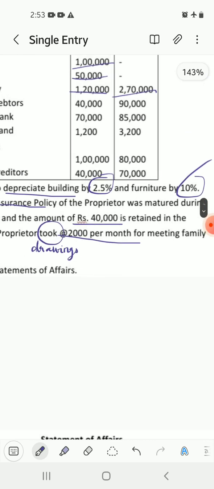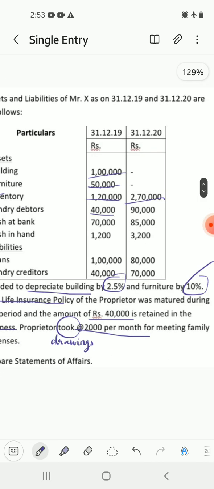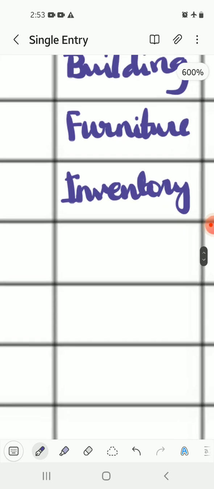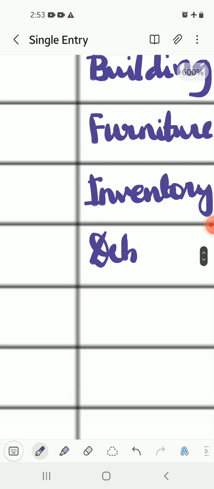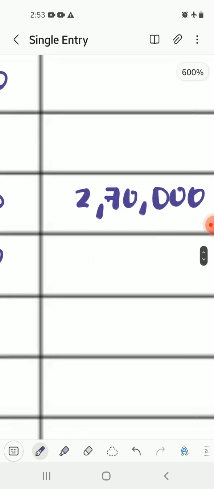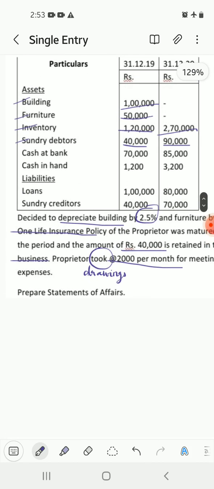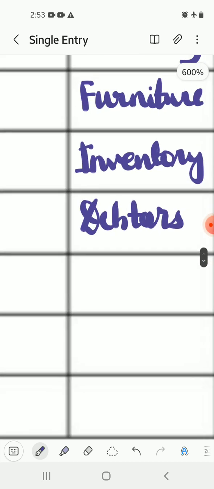Then let's move to the other asset, that is sundry debtors. It is 40,000 and 90,000. So debtors 40,000 and 90,000 for the next year. Then we have cash at bank, 70,000 and 85,000.